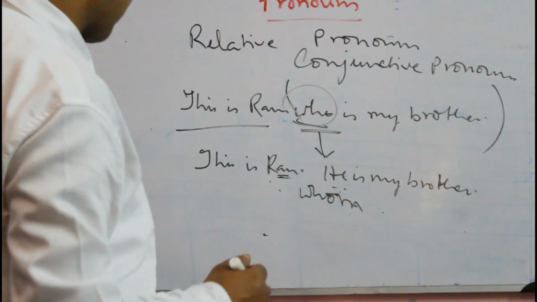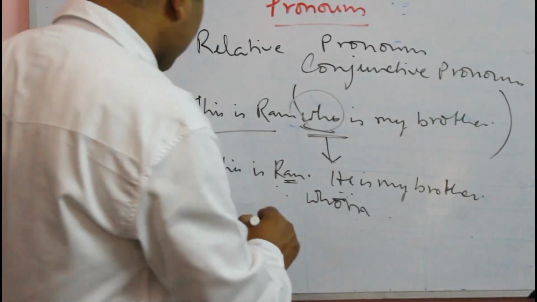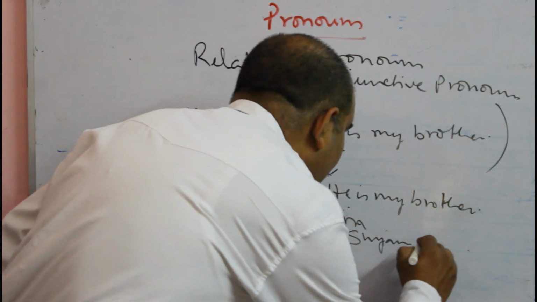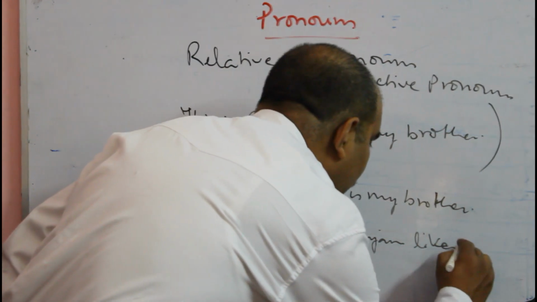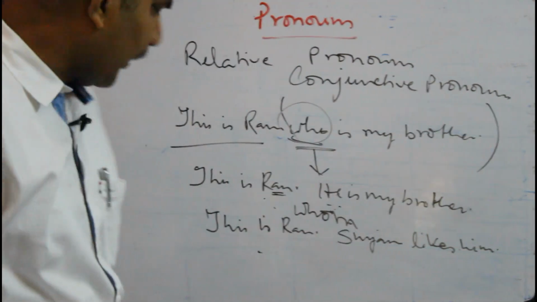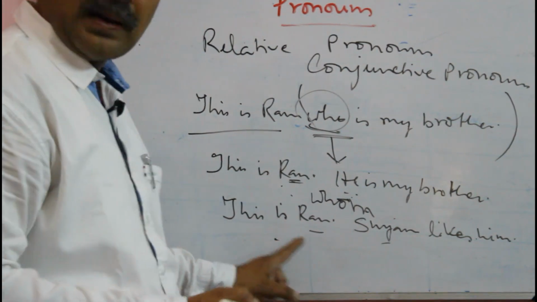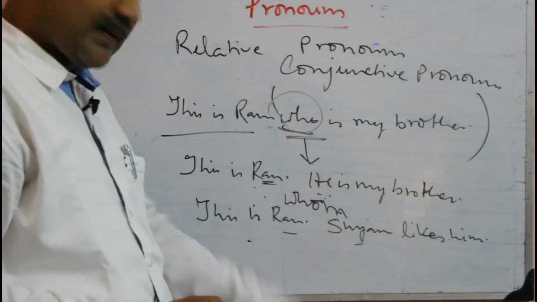But if you look at this sentence, this is Ram, Sham likes him. Now here the last word of the first sentence is Ram and the first word of the second sentence is Sham.